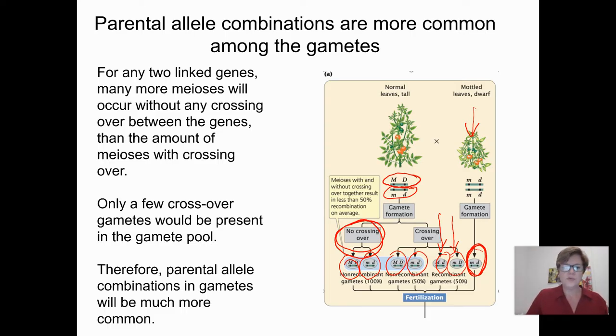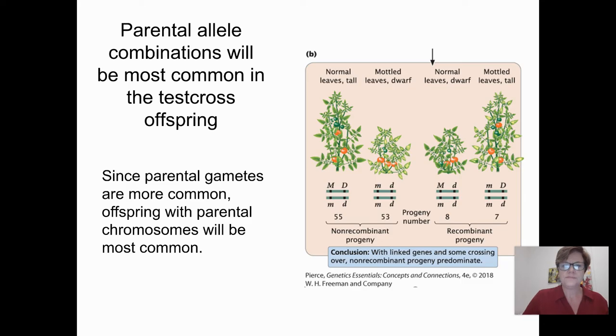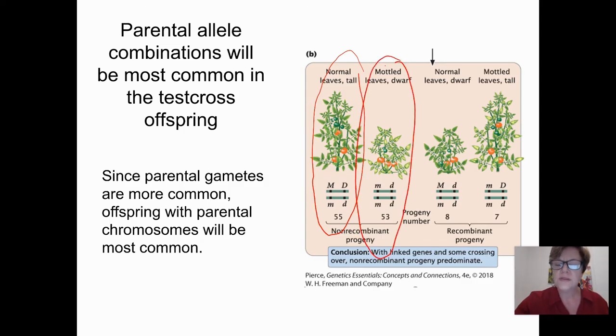So the rule is parental allele combinations are much more common in the pool of gametes. And because of that, you will see significantly more offspring that result from fertilization of those parental gametes, and fewer offspring from the crossover gametes.